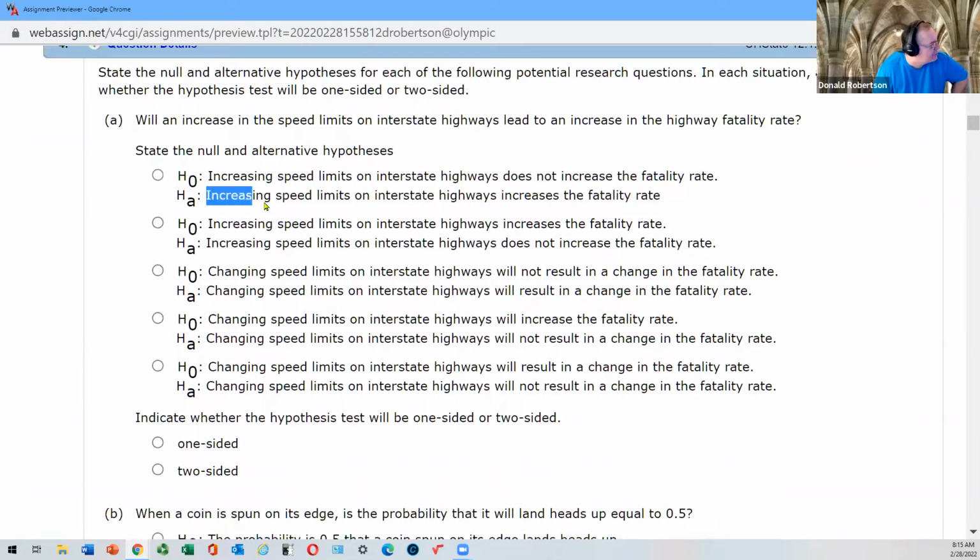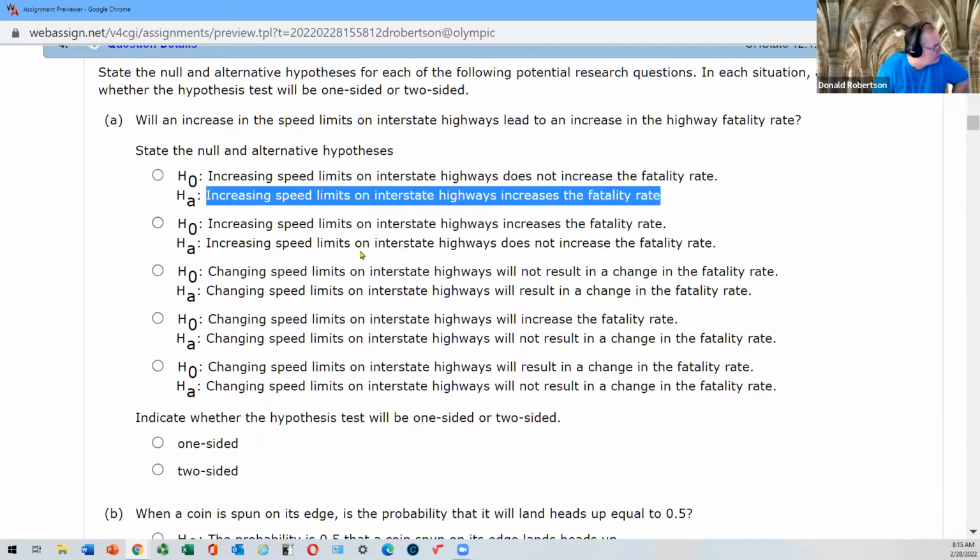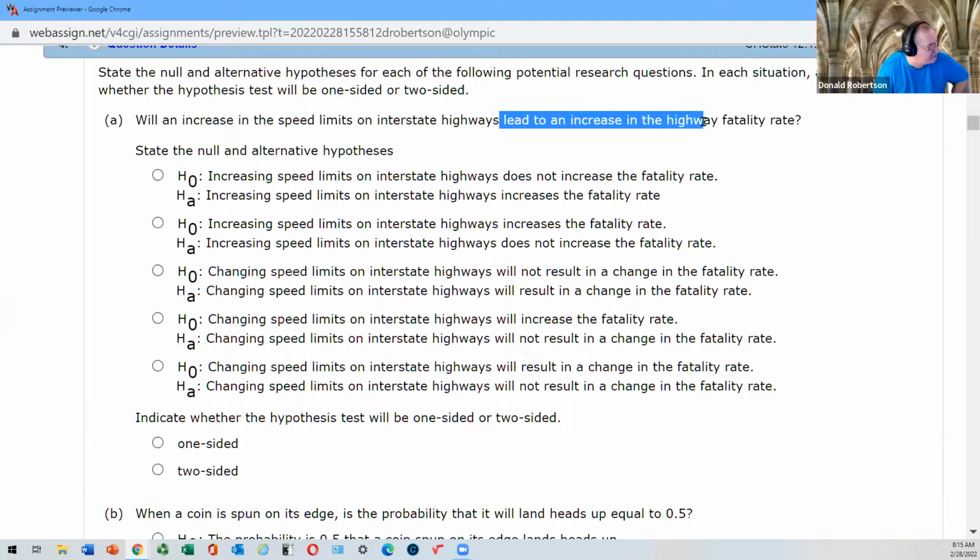Well, this one says increasing the speed limit on this highway increases the fatality rate. That one says it doesn't. So I know it's not that one. So it might be that one. Changing the speed limit will result in a change. Well, here's the key here. You see that phrase there, increase. So it's not the third dot. And this one says no change. It's not that one. This one says will not result, and that's that one. So after all that hard work, I get this one.